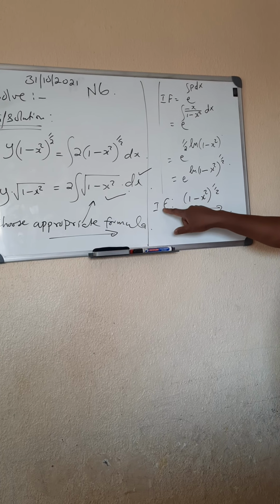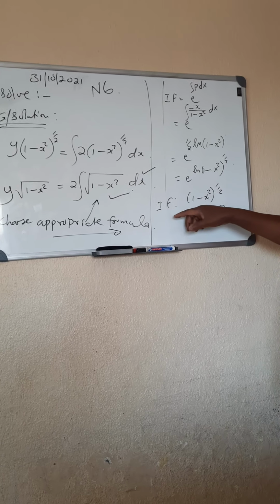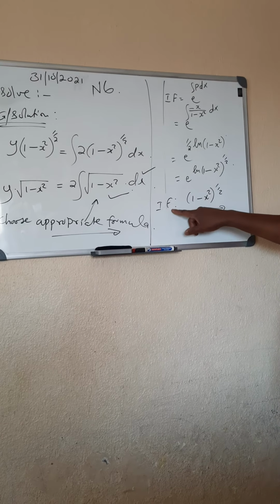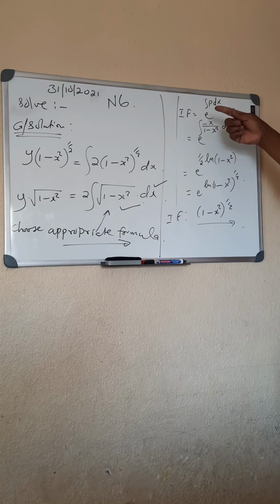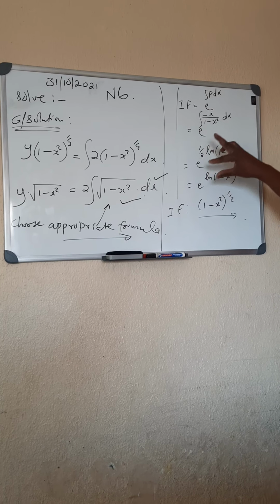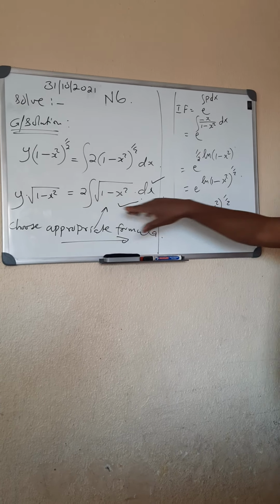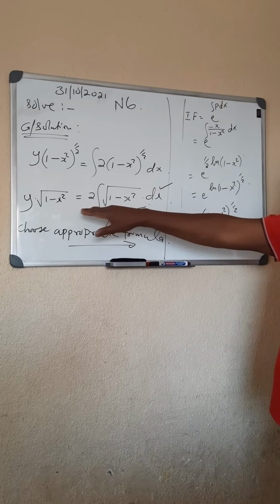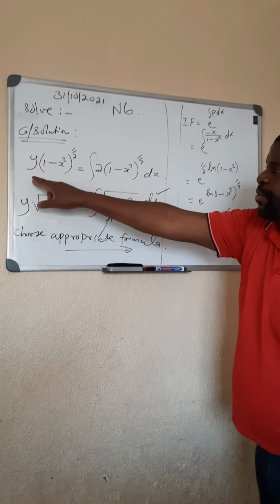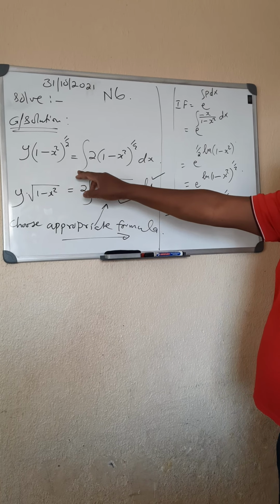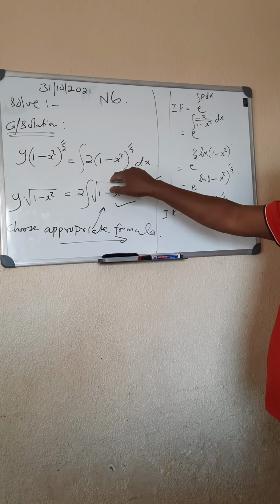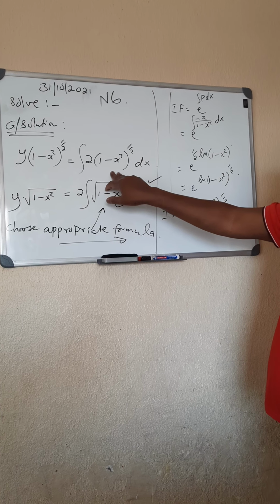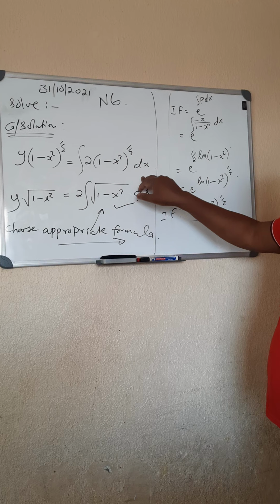Because when you have the integrating factor determined from your standard form, which is something that you needed to work out from your given problem, then it will be easy for you to say y times the integrating factor equals integral Q, where Q is 2, times the IF, root of 1 minus x squared, dx.